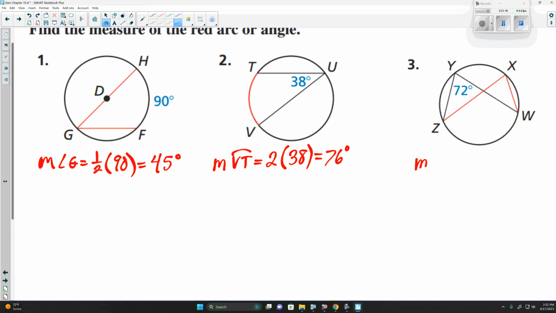And lastly, the measure of angle X. It'd be 72 degrees because angle Y and angle X share the same arc, WZ or ZW. And since they share the same intercepted arc, they're the same measure. Questions on this here?